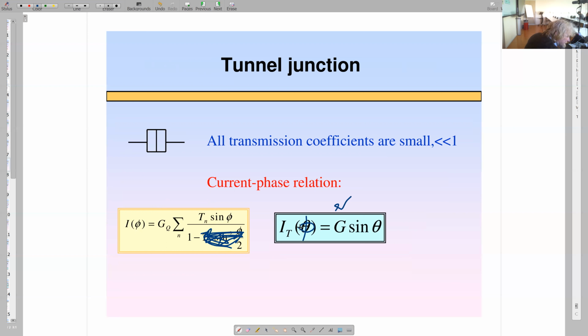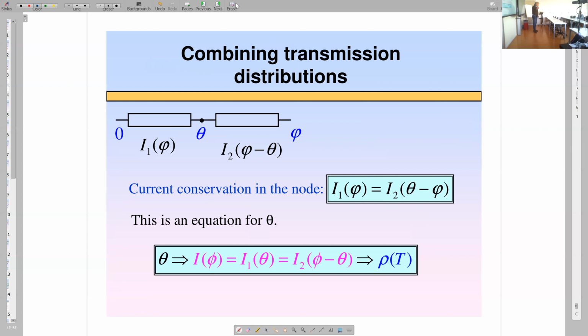We know transmission distributions in both connectors. Now we can combine them, and we compute the current as a function of phi for the compound system. Then we can use the inverse formula to get the transmission distribution of these two combined connectors.